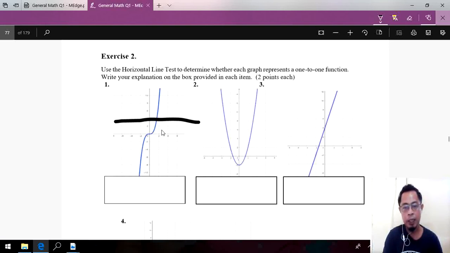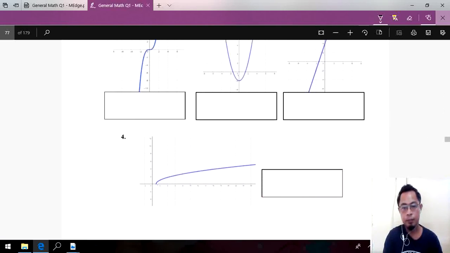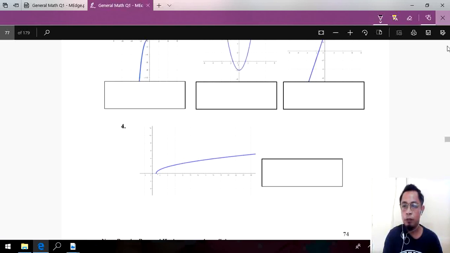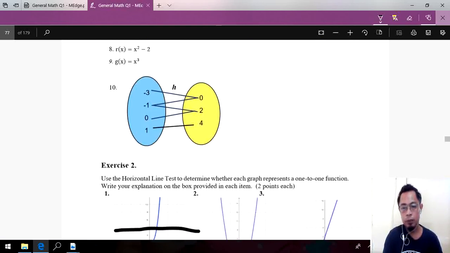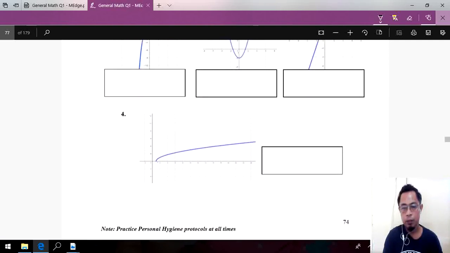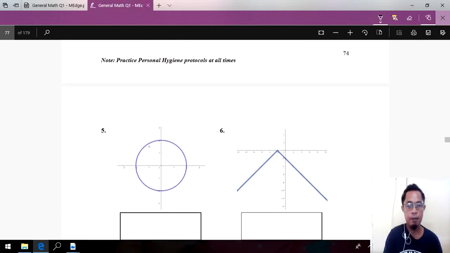And I can say now that that one is a one-to-one function. For number 5, I'm going to draw a horizontal line, and it intersects 2 points. Can we say now that that one is a one-to-one function? Obviously, it's not a one-to-one function because it intersects 2 points.